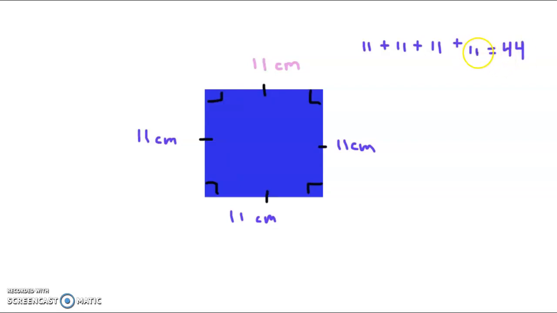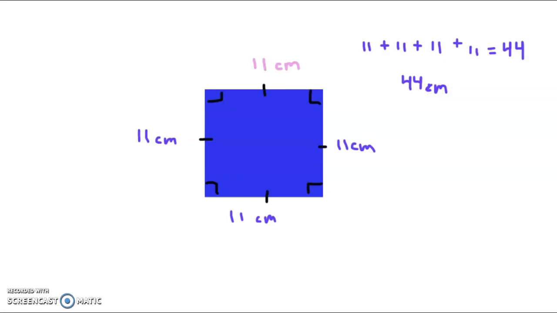So we can then say that 44 centimeters is the perimeter of the square.